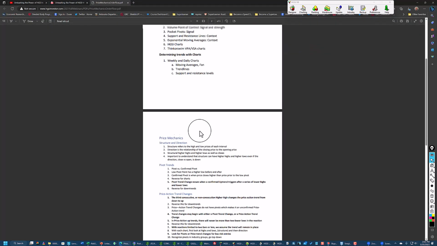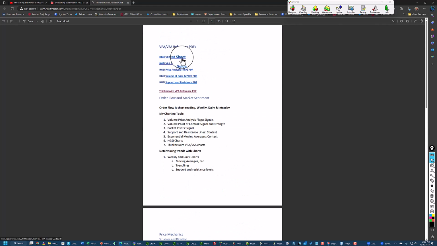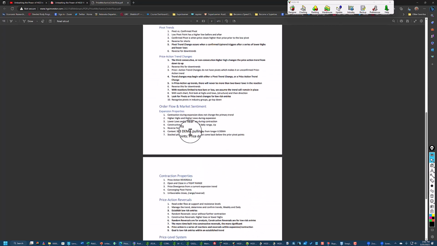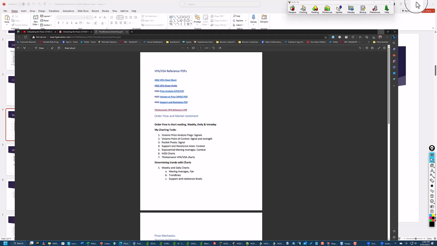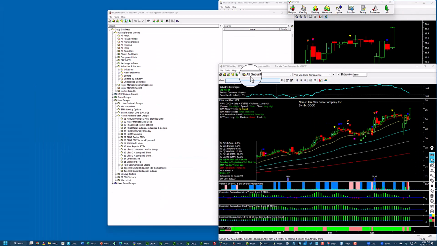It's going to be linked off of here, and it has the HGSI cheat sheet, the shape guide of the VPA flags, price analysis, volume at price, support and resistance, and then a thinkorswim VPA reference PDF, which I don't know if it matches exactly to the thinkorswim VPA, but it's close. And then these are all things that I'm going to be discussing, and this is just a reference. So anyway, I want to get that out to you.